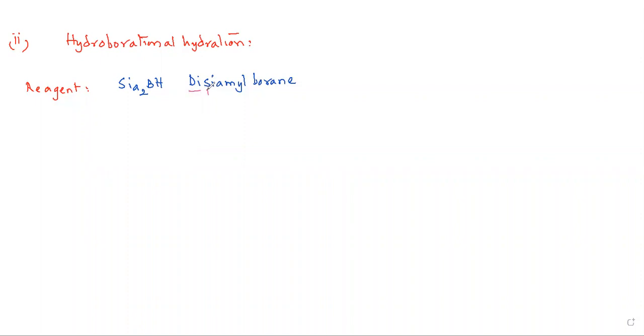Di, secondary, iso, then amyl, finally borane. Right? Di, secondary, iso, amyl, borane.